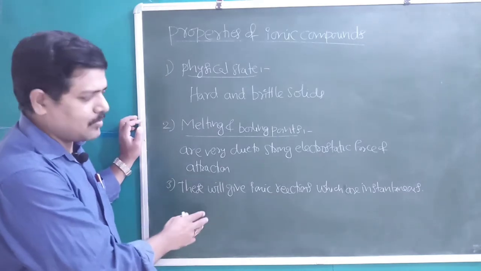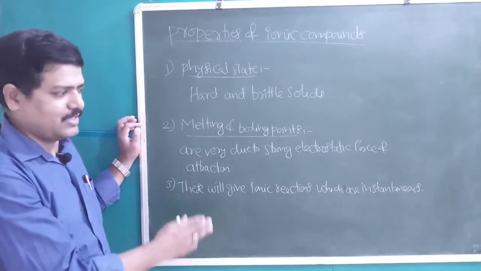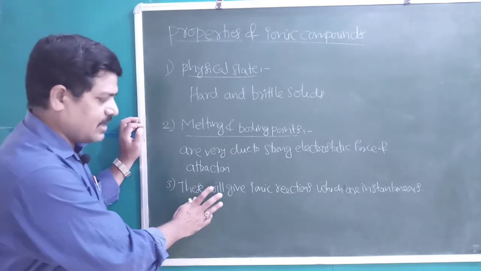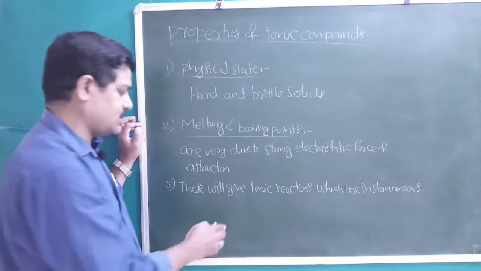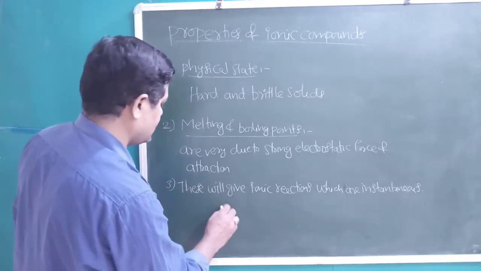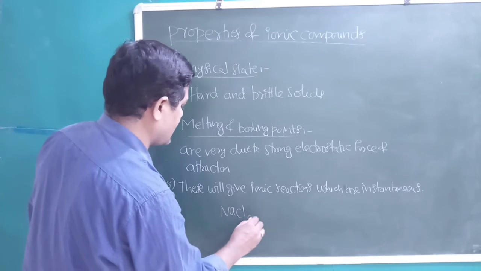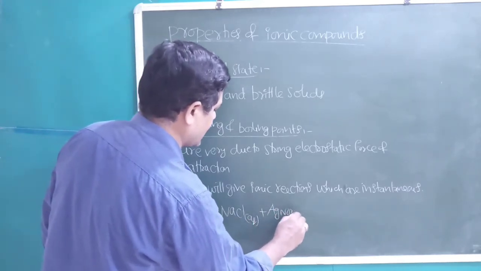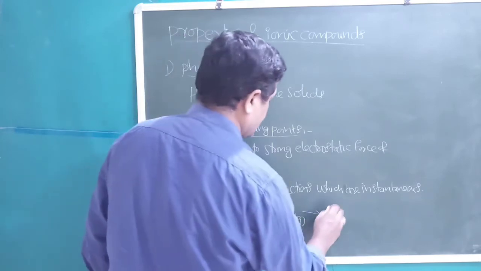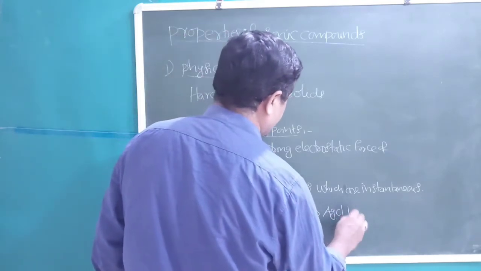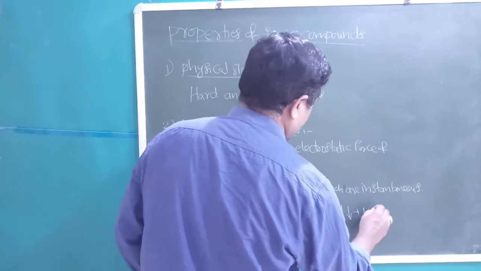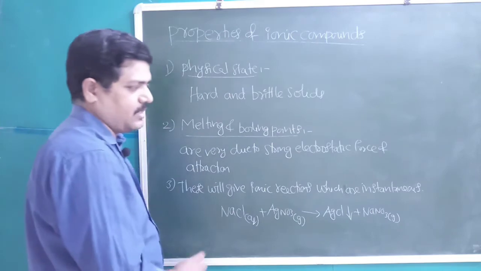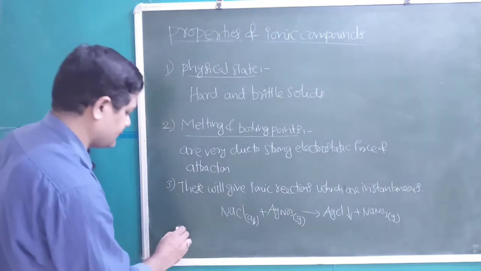These ionic compounds give ionic reactions which are very fast, instantaneous reactions. So we cannot measure the speed of these reactions. For example, NaCl aqueous added to AgNO3 aqueous gives AgCl precipitate plus NaNO3 aqueous, which is an ionic reaction, very fast reaction.